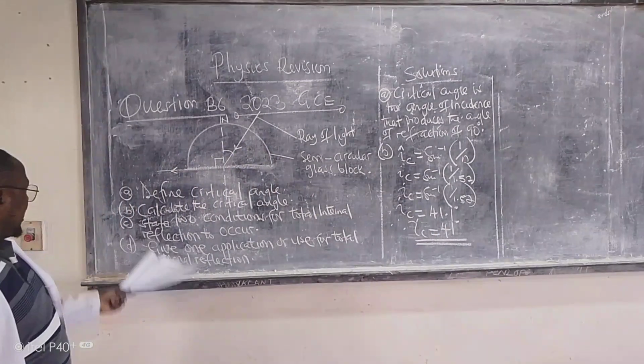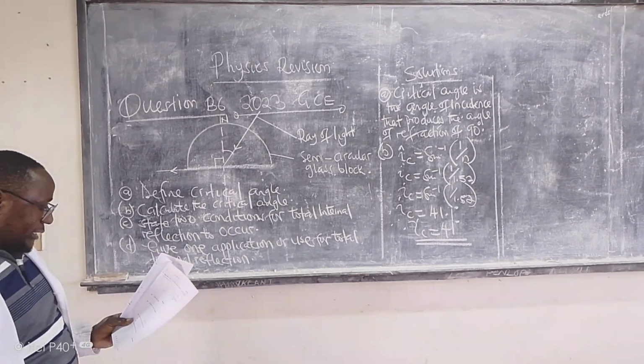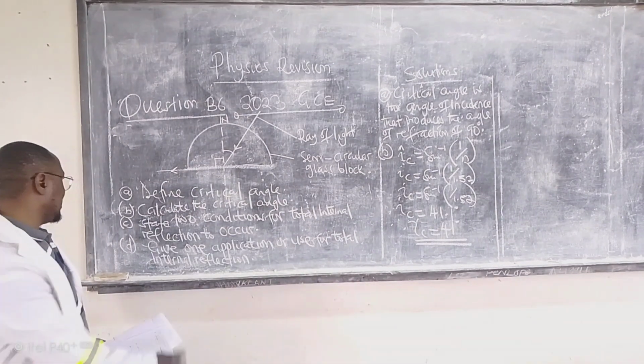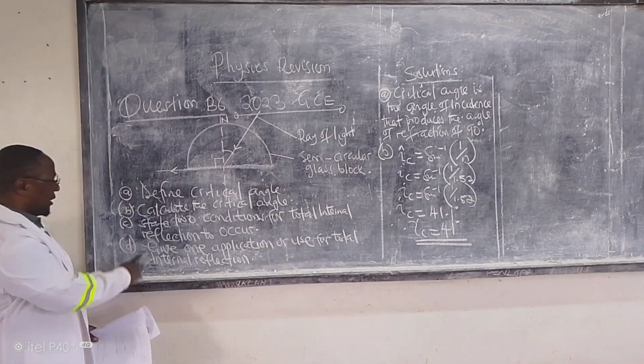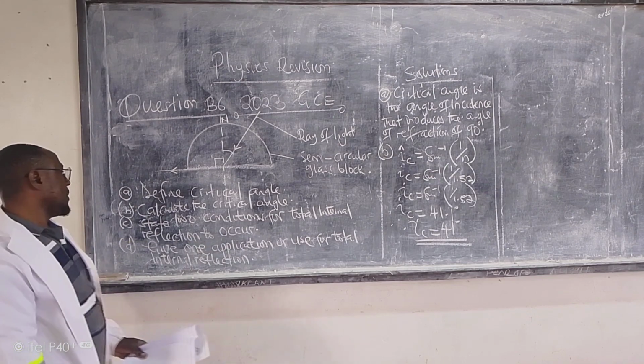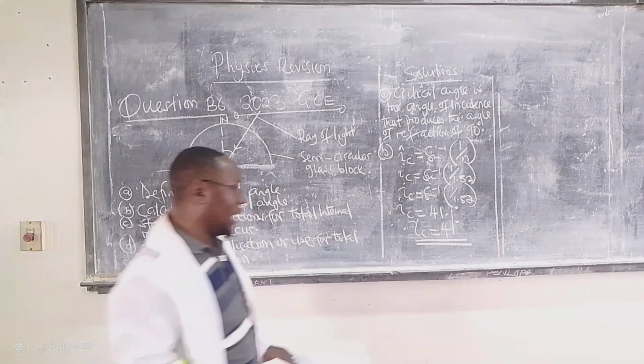What is the next question? The next question reads, state two conditions for total internal reflection to occur. So what makes total internal reflection occur?